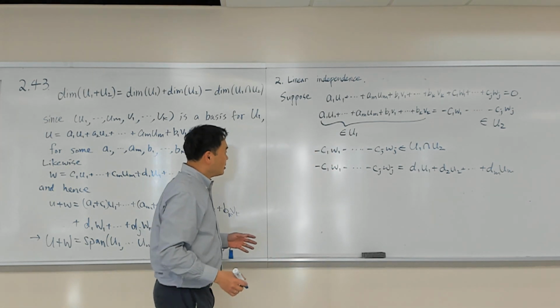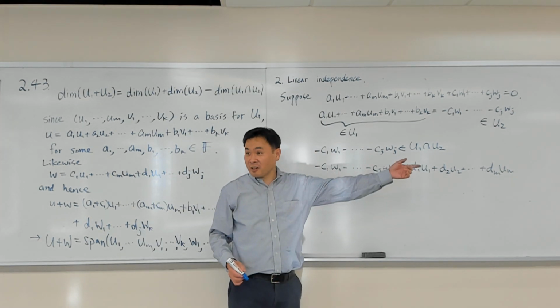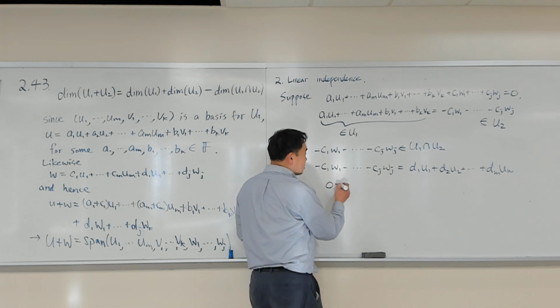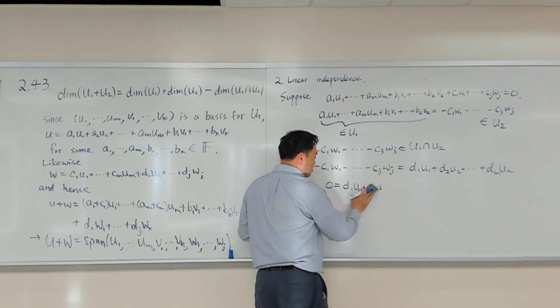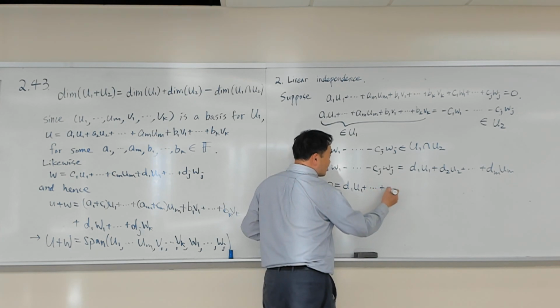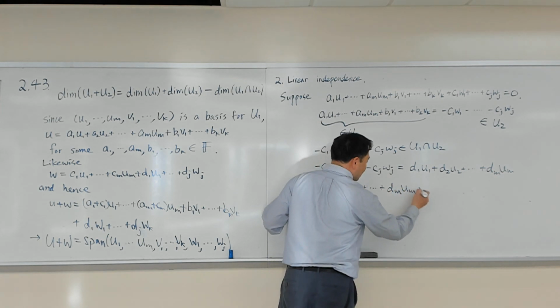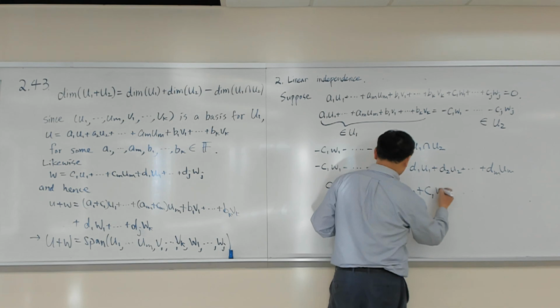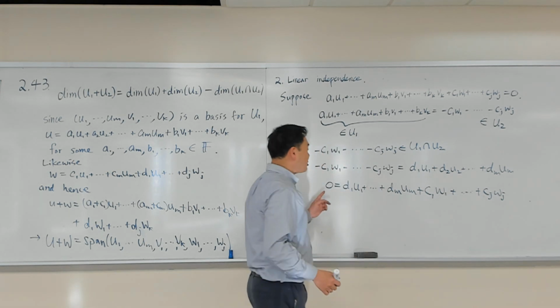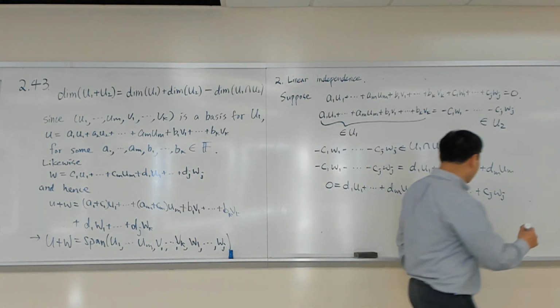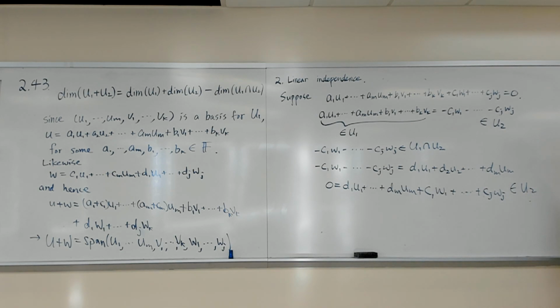But wait, now we move this to the right side and we get 0 equals d1 u1 plus d2 u2, and so on, plus dm um plus c1 w1 and so on up to cj wj. So that's equal to 0, but that's 0 in where? This is in u2, right? Because anything that's in u2 is spanned by these vectors.